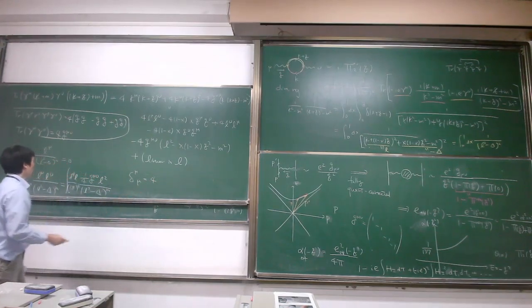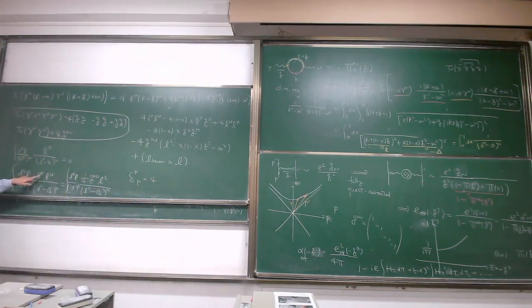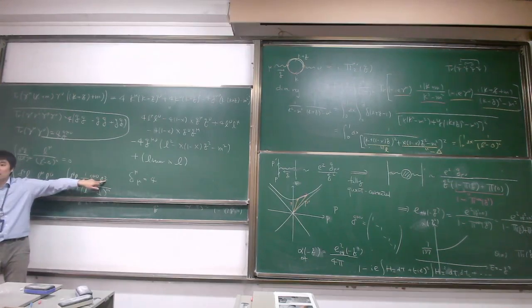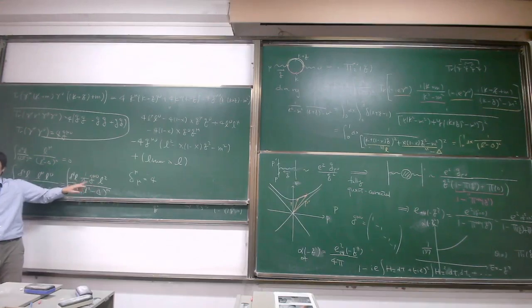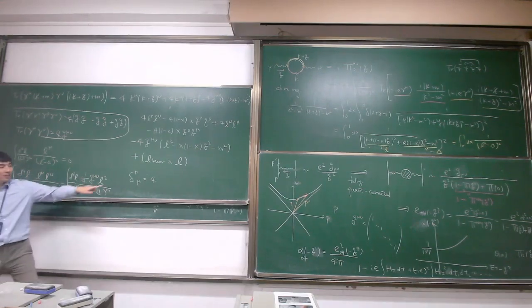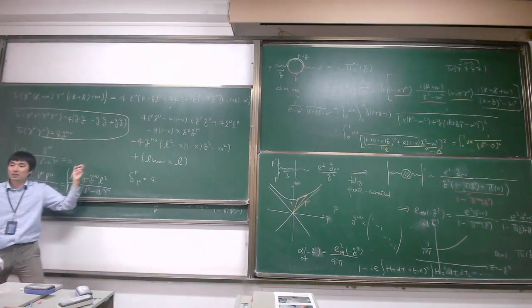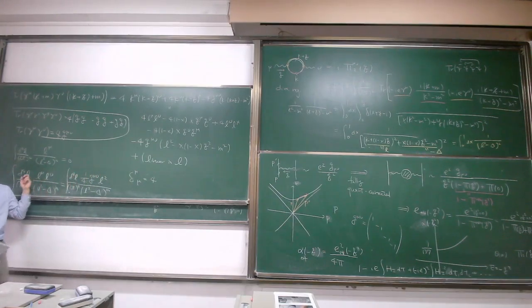You lower the index and contract it with mu, take the product, and you get L squared. Sum over mu, that will give you 4. That cancels with 1 over 4, and you get the same result.